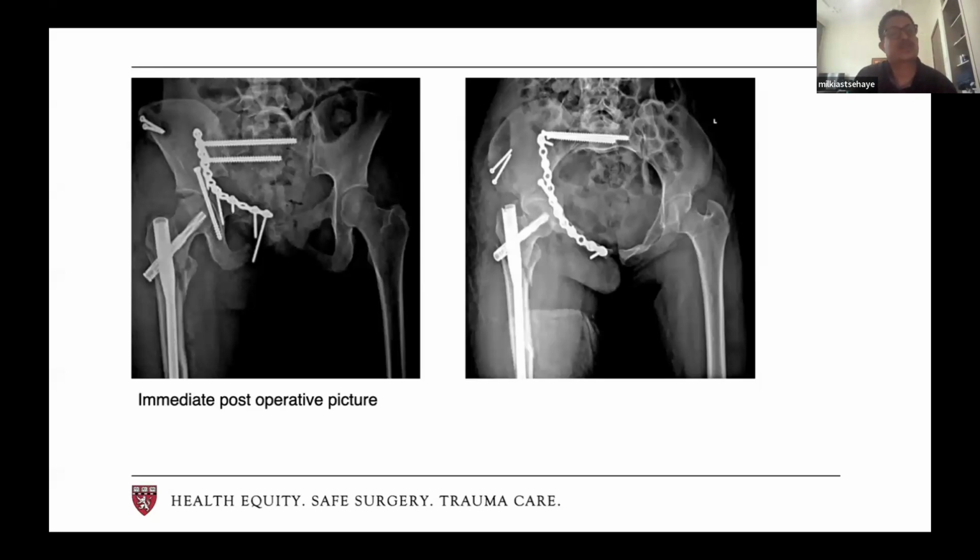Fixing the lower limb first definitely helped to go for fixation of the acetabulum easily. That was a good technique.